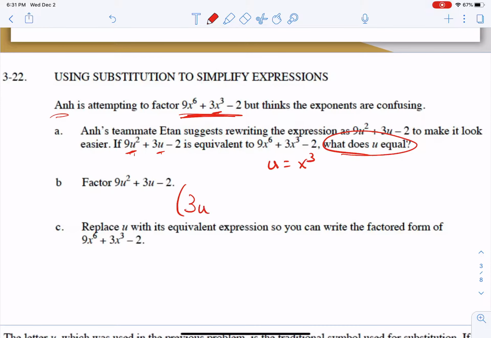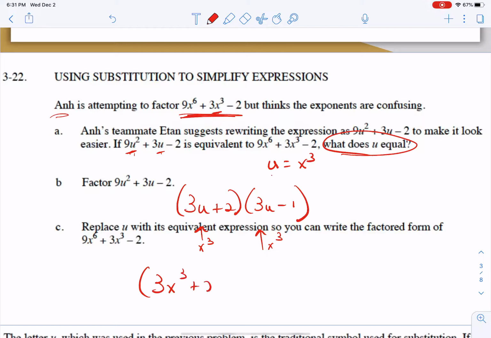So I have 3u plus 2 times 3u minus 1. So now if I go back and I replace that u with x cubed, because I said in the beginning that u was equal to x cubed, I have 3x cubed plus 2 times 3x cubed minus 1.